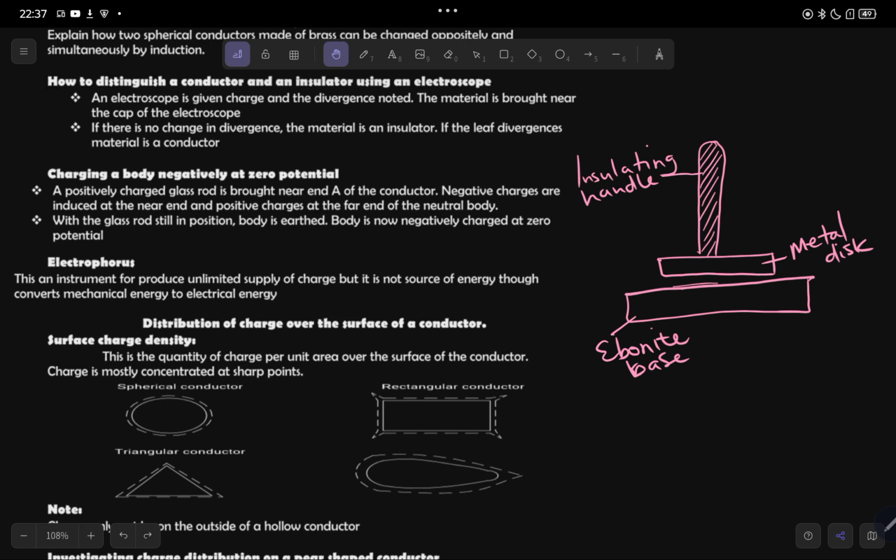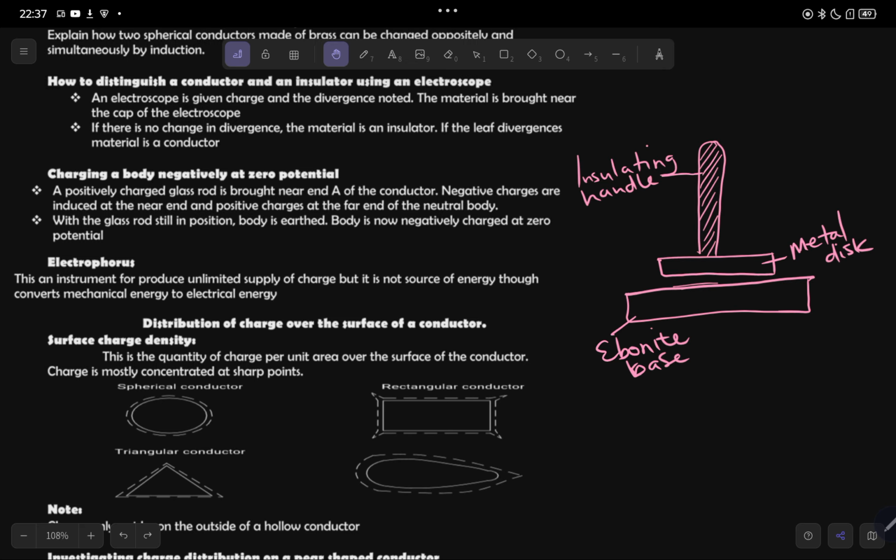So if you observe any change in divergence, then the material you're dealing with is a conductor. But if there is no change in divergence, then you are dealing with an insulator. Remember that when you charge an electroscope, the gold leaf diverges.